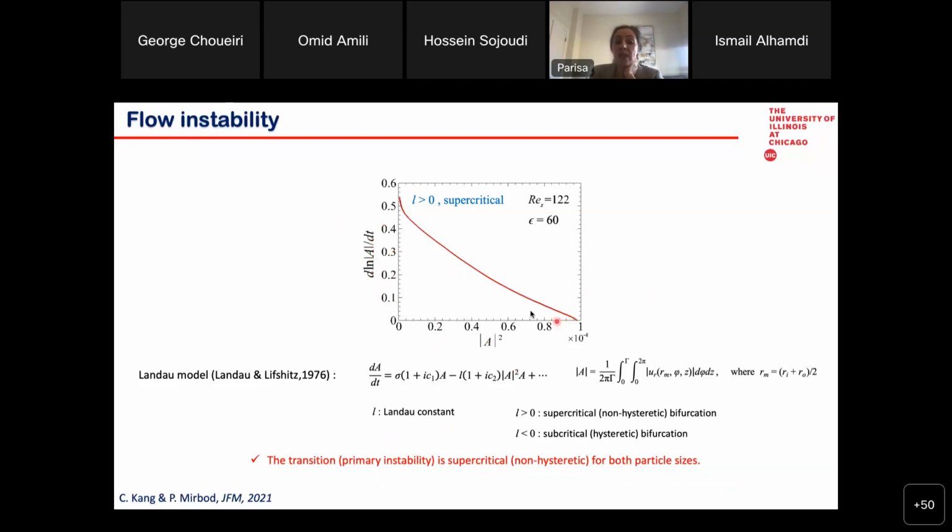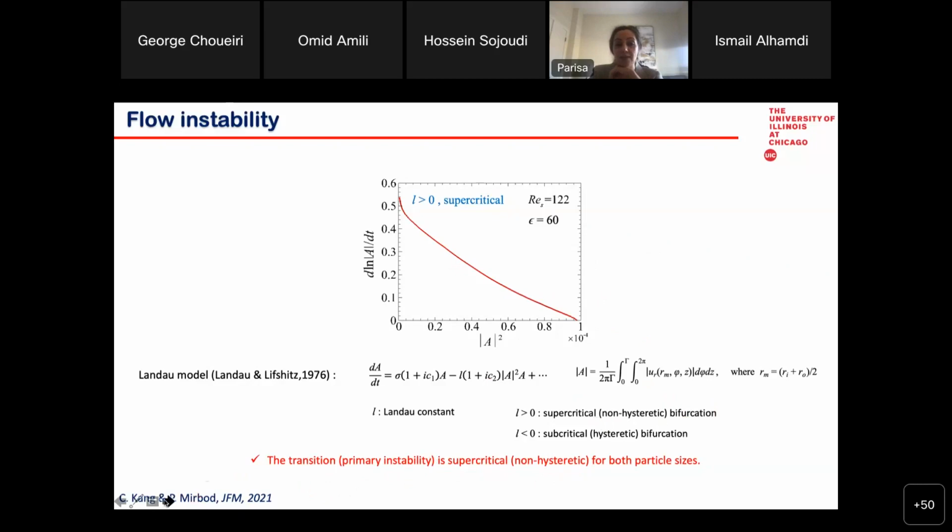Most importantly, the slope of this line shows if the flow is supercritical or subcritical. If L is positive, the flow would be supercritical, or a non-hysteretic bifurcation, while when L is negative, we have a subcritical bifurcation. And interestingly, we found that for this case, the flow is supercritical for both particle sizes that we considered.